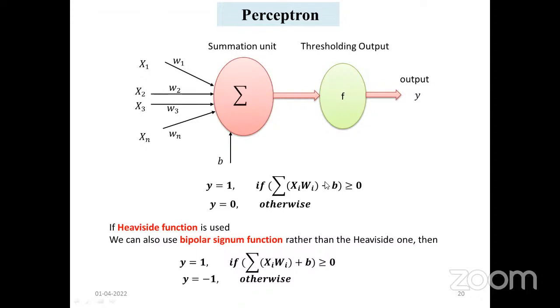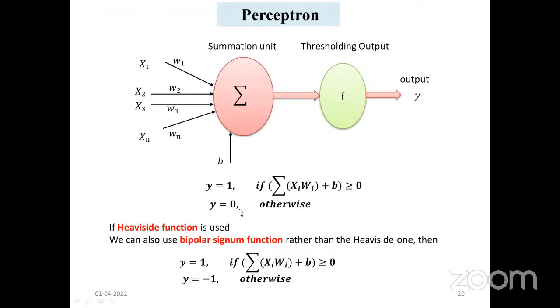This value is what value? This is the net value, the net input. This net input is given to the activation function. Now, based on this net input value, the perceptron produces the output. If this value is greater than or equal to 0, then it produces 1. If it is less than 0, otherwise, the value is 0.